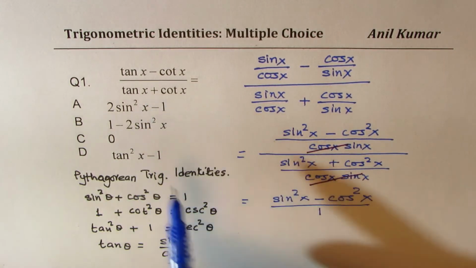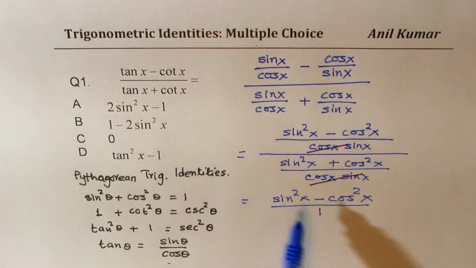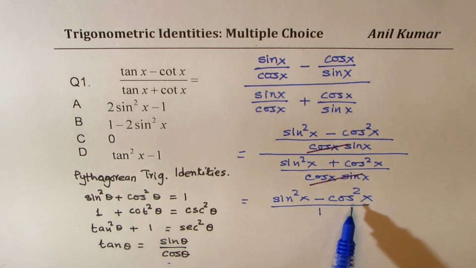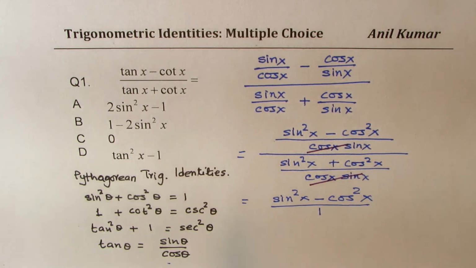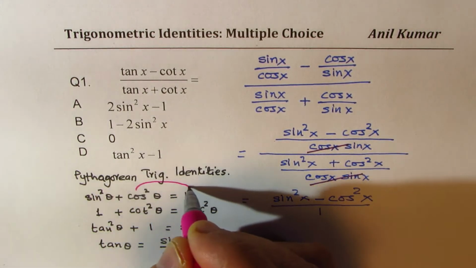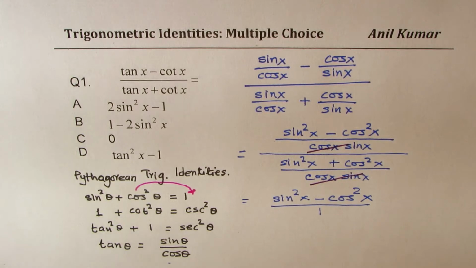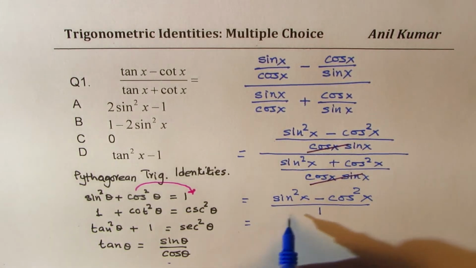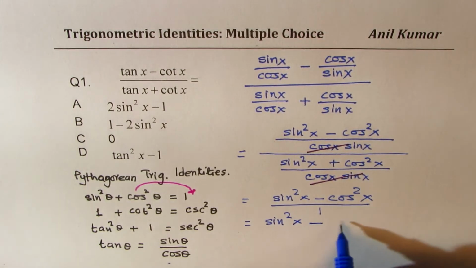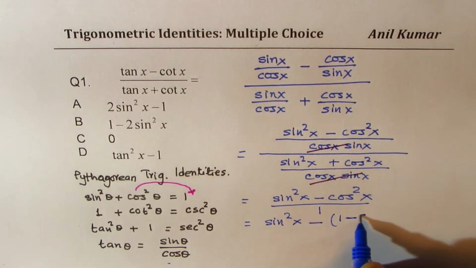Now the choices given to us are very different from what we got. We have this in sine square x. So let's rewrite cos square x as 1 minus sine square x, correct? So you could actually interchange, right? And you could write sine square x by taking cos on this side. So in that case, what I will do here is rewrite the right side as sine square x minus 1 minus sine square x.